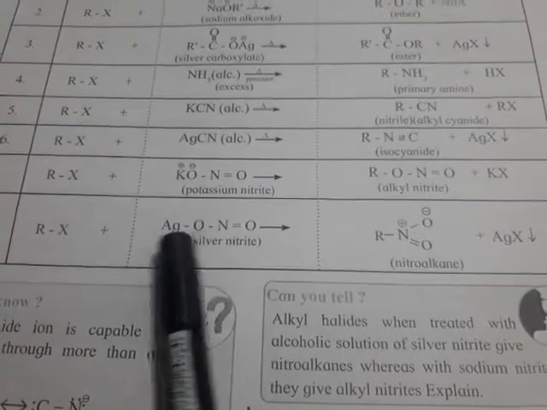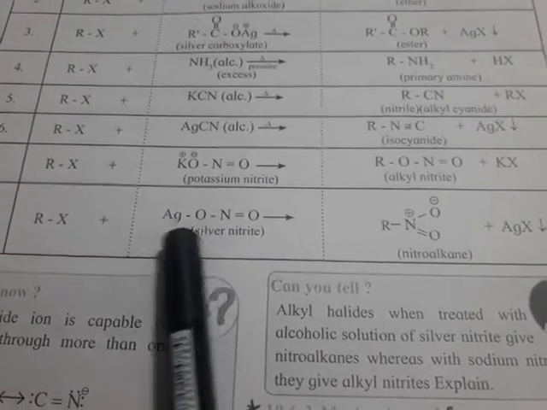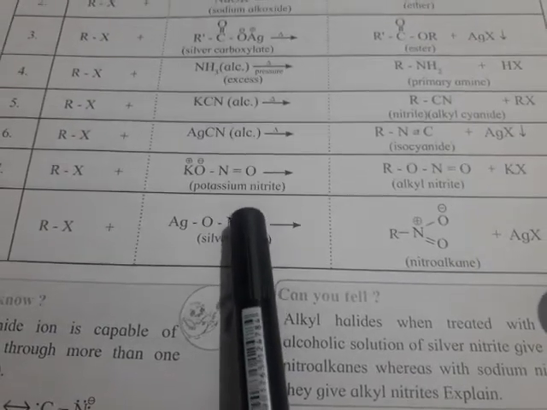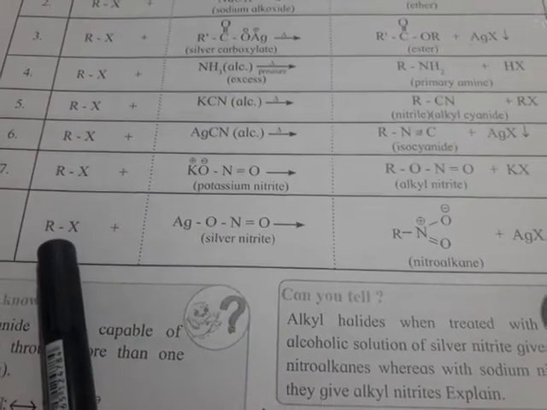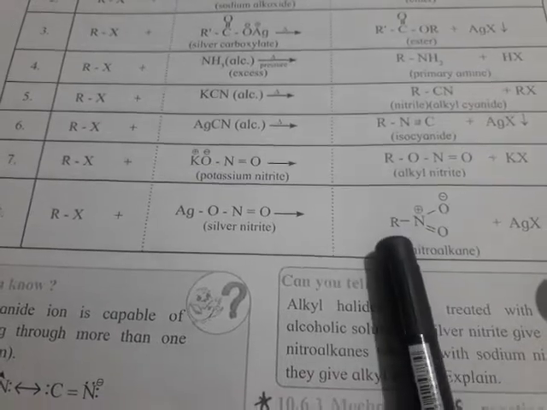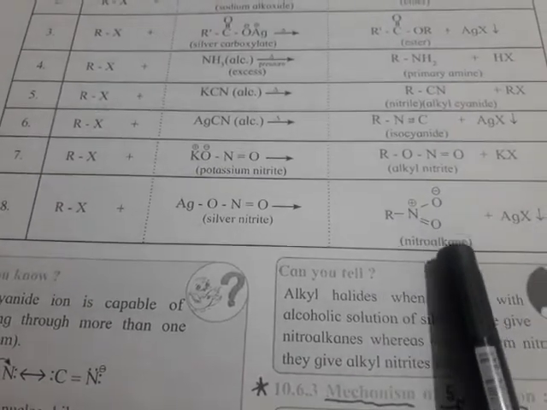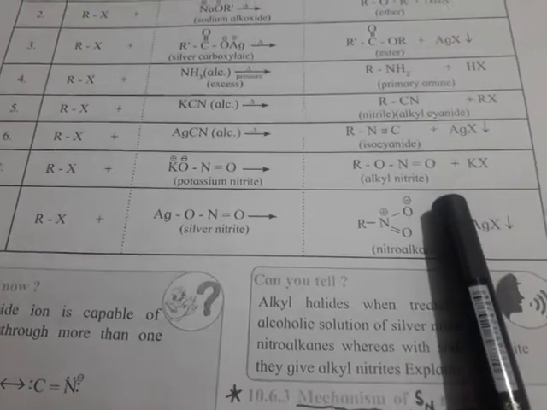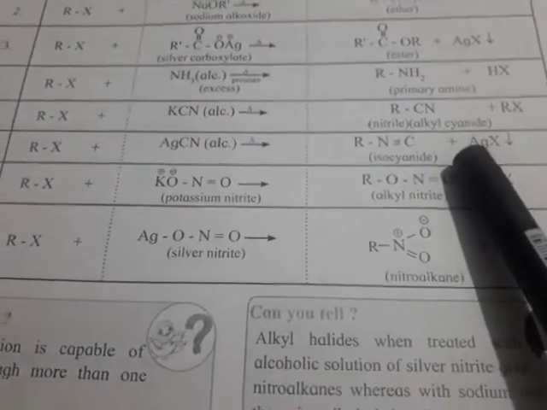Same here, Ag and O, it's a covalent bond, so difficult to break. Next to that is nitrogen, so nitrogen can attack this R group, so N is attached to R, so we get RNO2, a nitroalkane, and here we get alkyl nitrite. Isocyanide is also known as carbylamine.